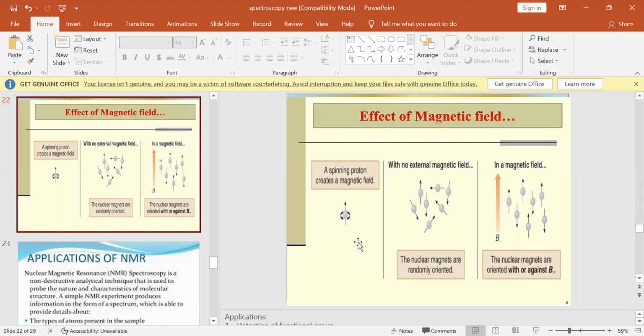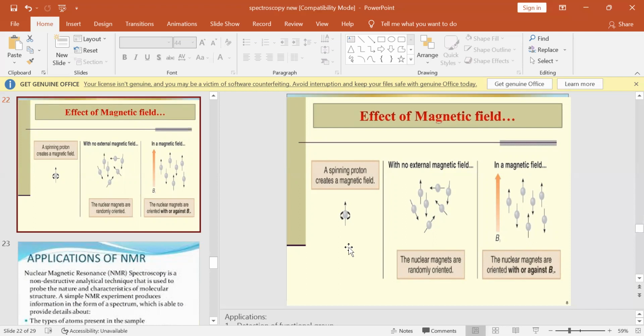So the question comes, how can the I value be identified? The I value of a particular compound can be identified by using the atomic number and mass number. For any atom, we can write the atomic number and the mass number of that particular atom. Depending upon the type of atomic number and mass number, we can identify the I value.